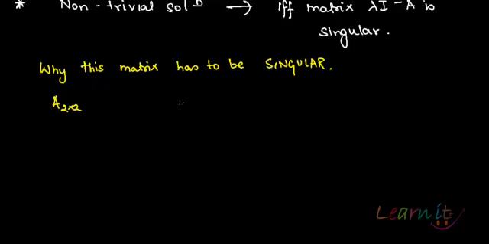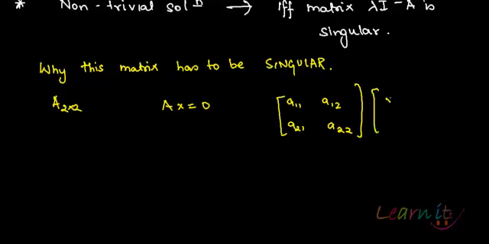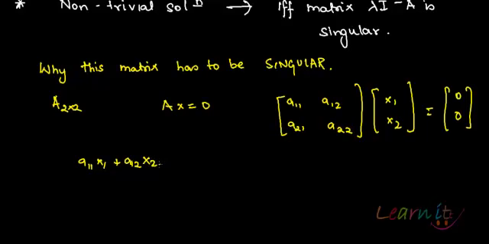In the 2 by 2 case, Ax equals 0 would be A11, A12, A21, A22 times the vector x1, x2 equals 0, 0. So I have two equations in two variables: A11 x1 plus A12 x2 equals 0, and A21 x1 plus A22 x2 equals 0.